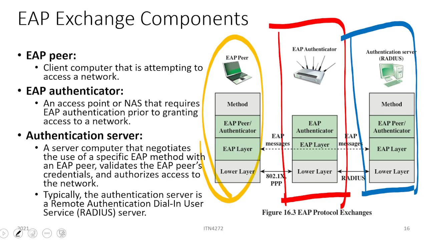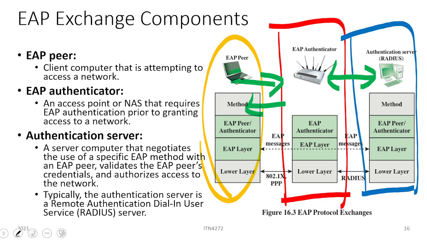So the user or the peer device is essentially connecting to the authenticator. Then the authenticator talks to the authentication server and figures out the authentication, and as suitable, it will respond back to the peer or allow the peer, authenticating the peer based on the information from the authentication server.